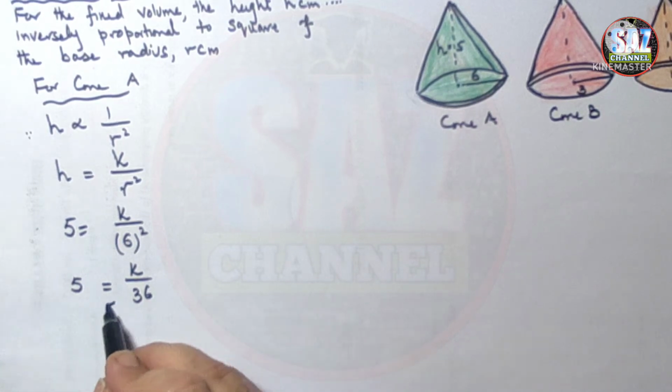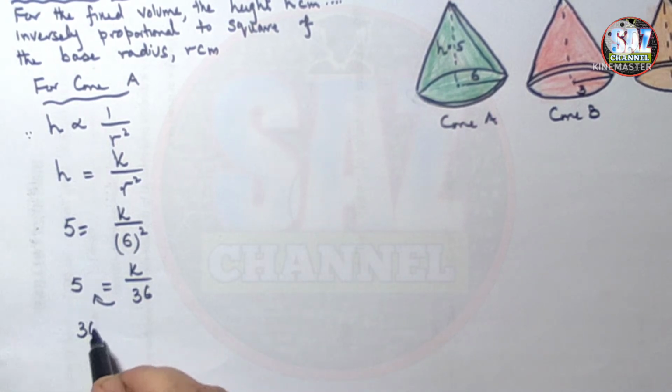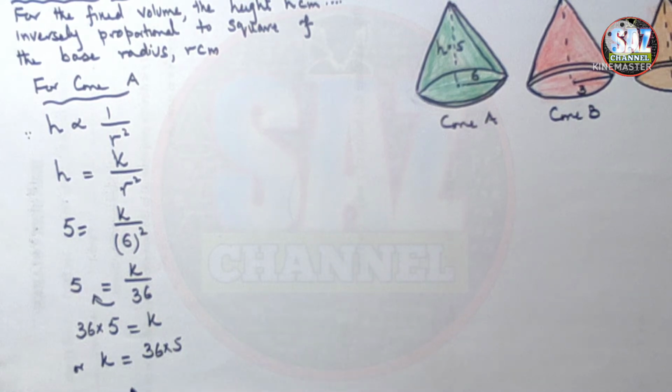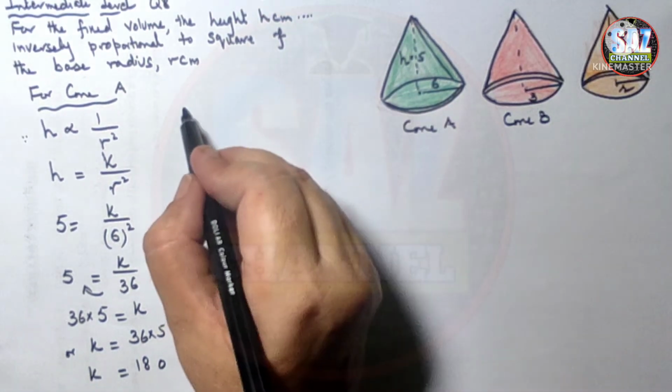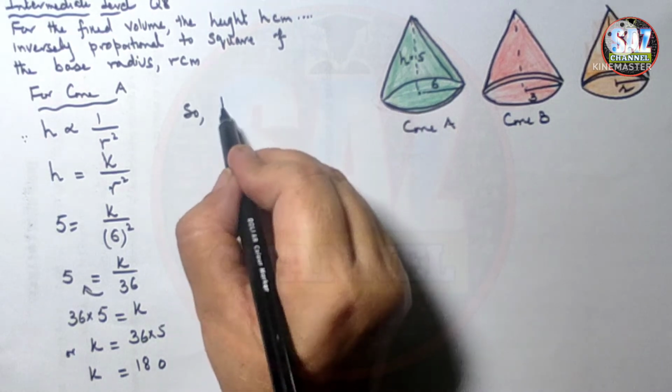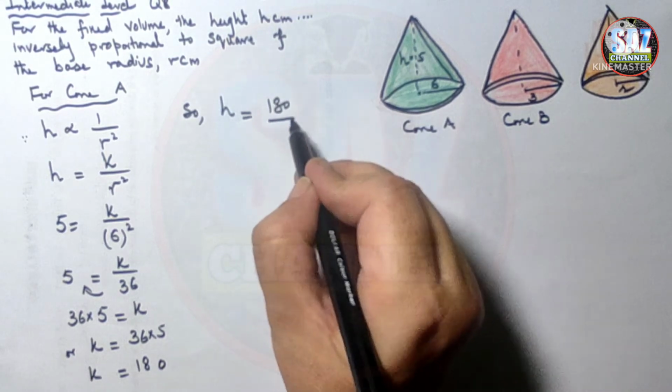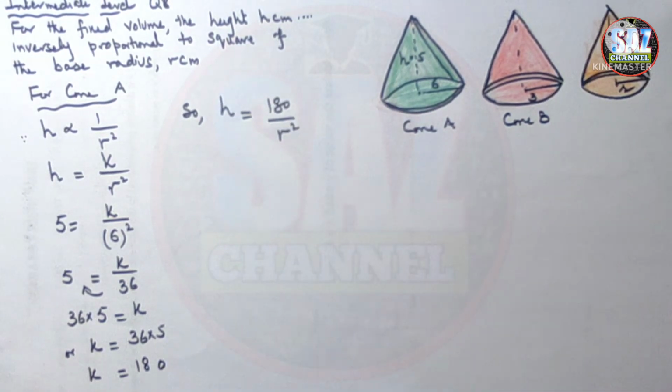Go for cross multiplication: 36 multiplied by 5 equals k, or k equals 36 times 5. 5 sixes are 30, 5 threes are 15, and 3 is 180. So the relationship between height and radius is h equals 180 upon r square, which we get with the help of the information given in part 1.